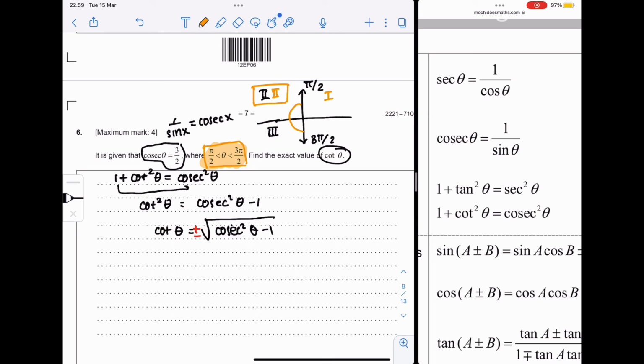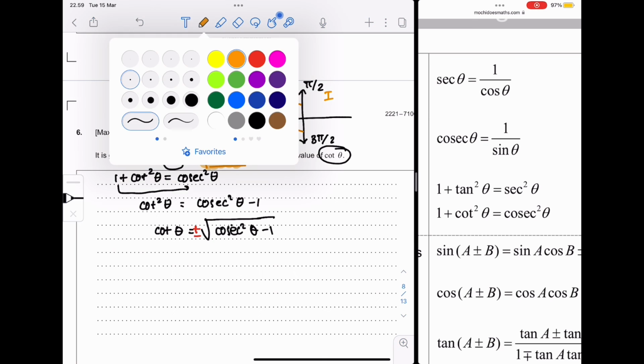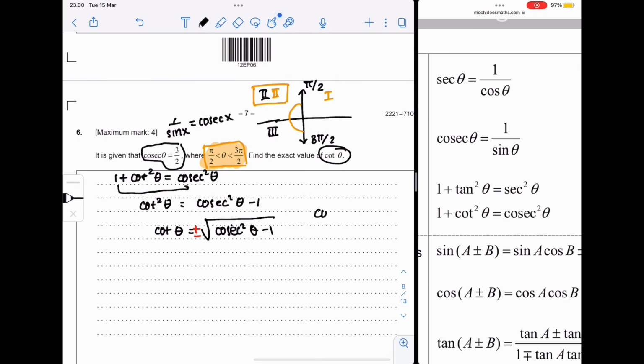Okay, and cosec x is the reciprocal of second. Oh, scratch that, sorry. Cotan. Cotan is the reciprocal of tan.